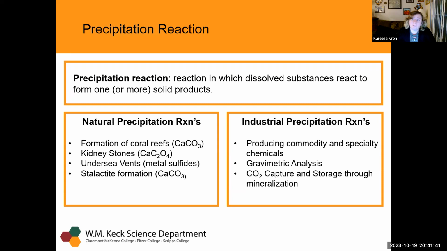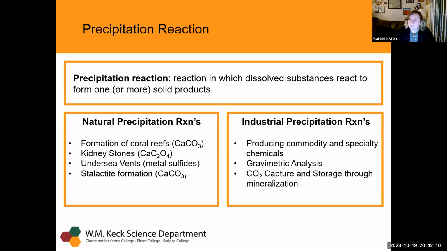Industrially, there's a lot of cool precipitation reactions that are needed to produce the things we like to use every day. So commodity and specialty chemicals, some medicines are precipitation reactions. Oftentimes, separation processes utilize something precipitating. If you want to capture CO2 and store it, one way to do that is to mineralize, or to combine that CO2 with some mineral to capture the CO2 from the atmosphere.